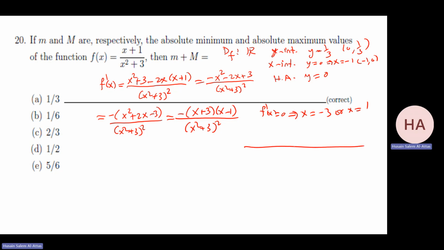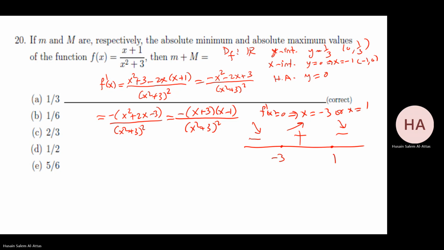So I'll put these points on a number line and test the intervals. Before minus 3, take a value like minus 4, that will be negative. Take 0, it will be positive. Take 2, it will be negative. So decreasing, increasing, decreasing.